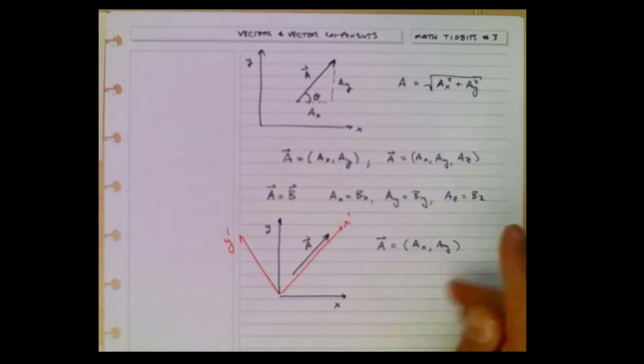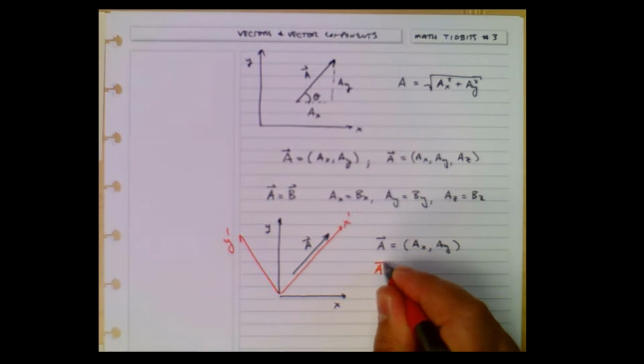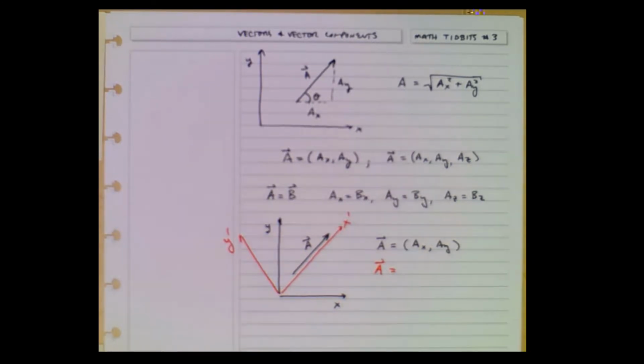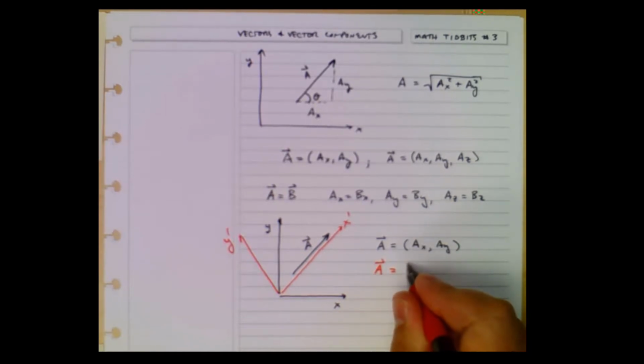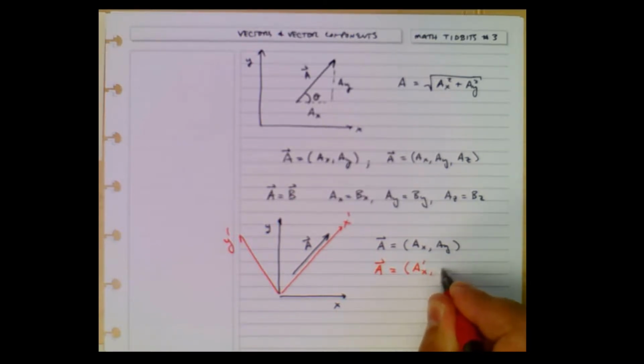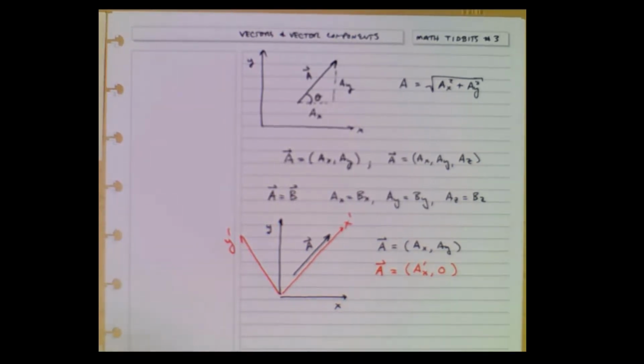What about vector A as written in the primed system? I don't even want to call it A prime because it's vector A, right? But vector A in that coordinate system will have those components. It's not going to even have a y component because of the choice of rotation that I made in situating the primed coordinate system relative to the unprimed coordinate system.